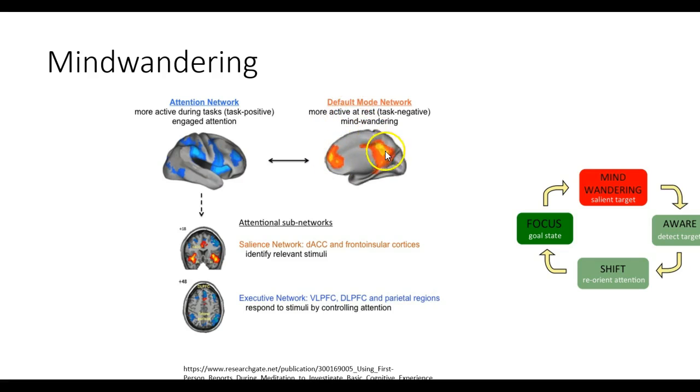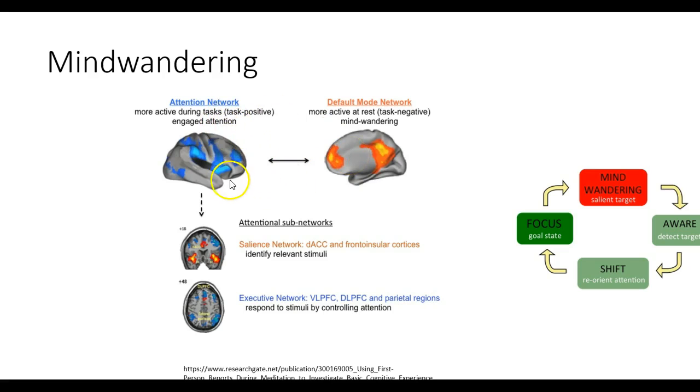There are certain areas that tend to be more active than other areas, and this is called the default mode network. Okay? It's called the default mode because this is where our brain goes by default, right, at rest. It's also the network that's engaged during mind wandering.